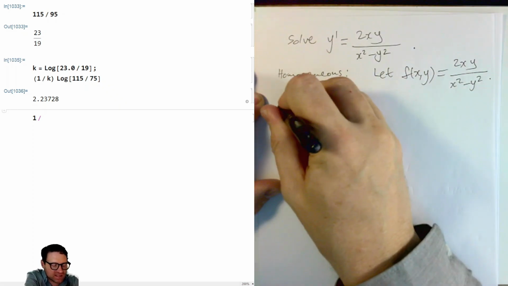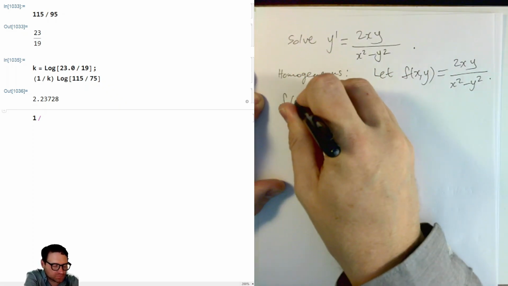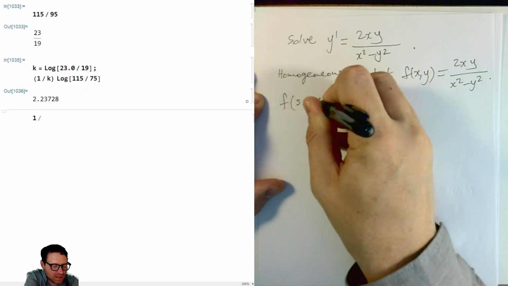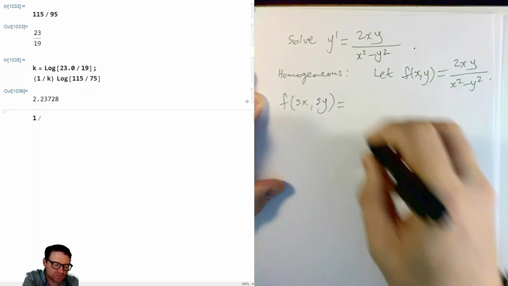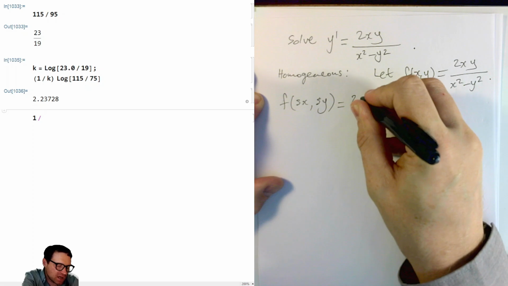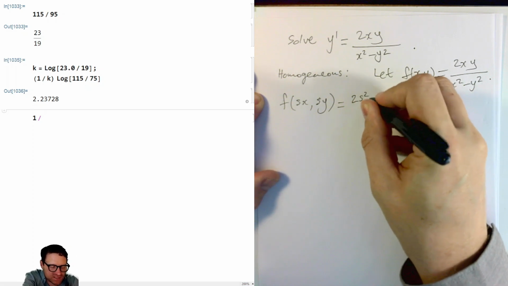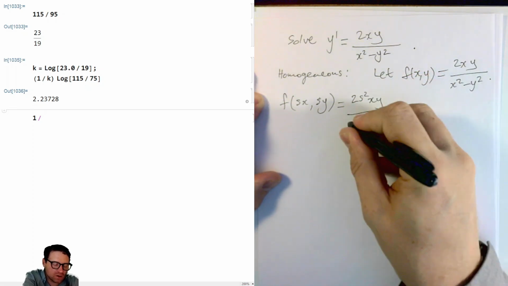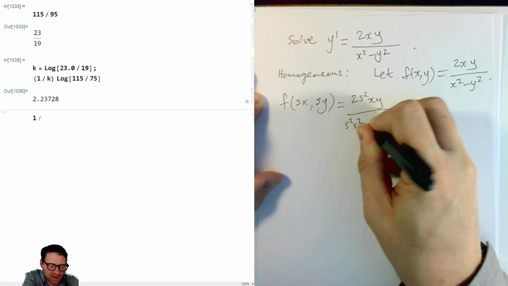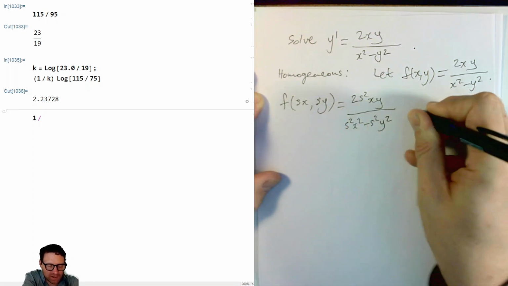then what we see is that f of sx, sy is equal to 2 sx sy, so 2s squared xy over s squared x squared minus s squared y squared.